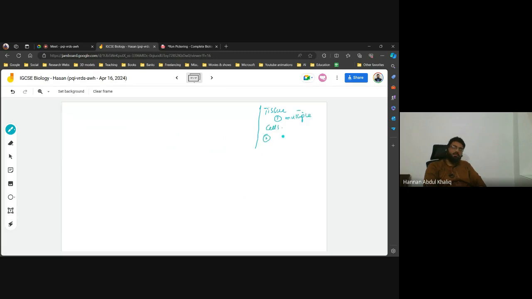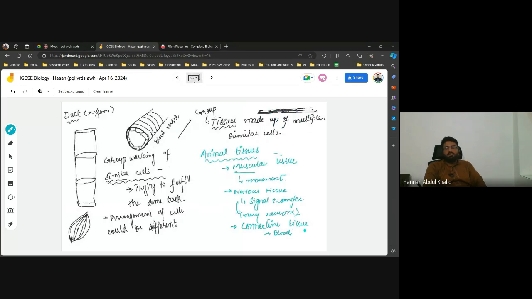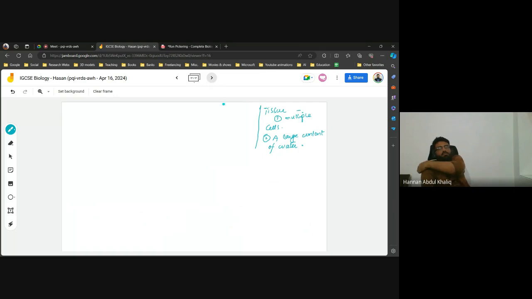And the second demand is that it should have a large content of water. So any kind of tissue would only be called a tissue if it has these two things: multiple cells and large content of water.